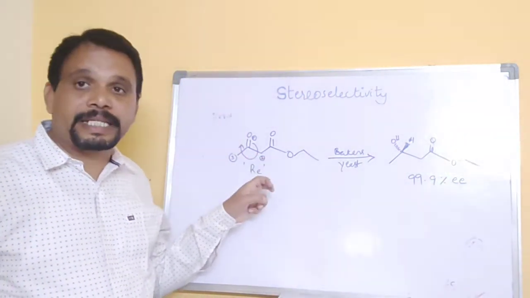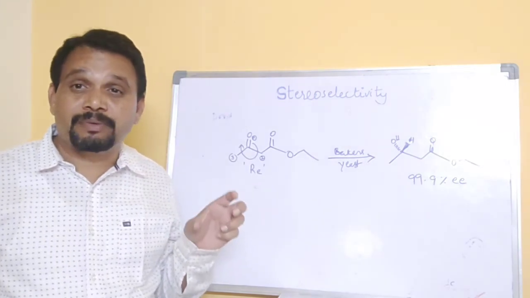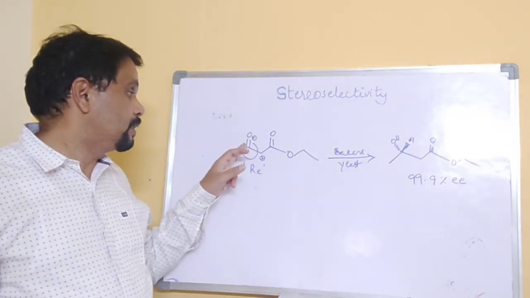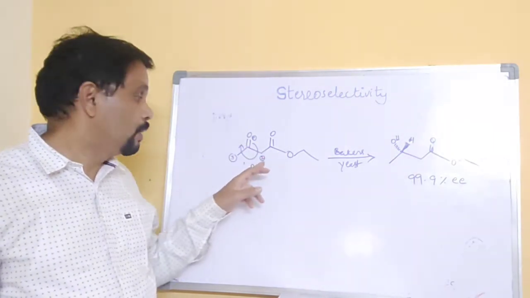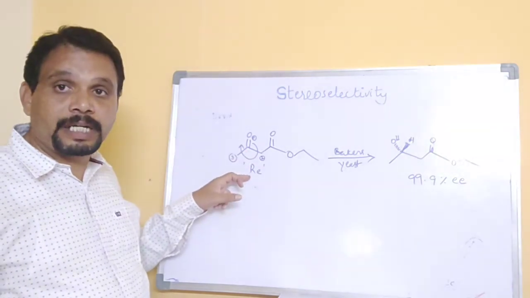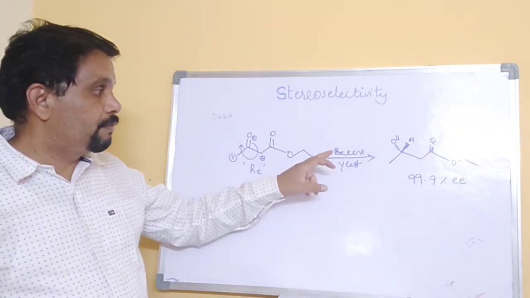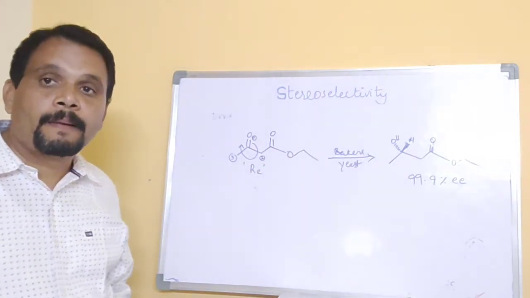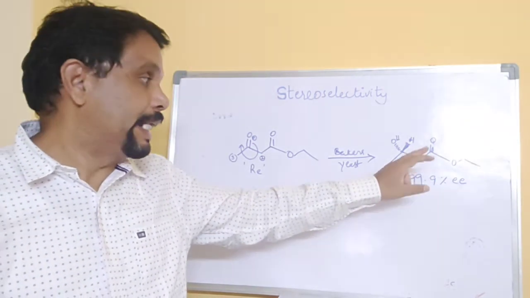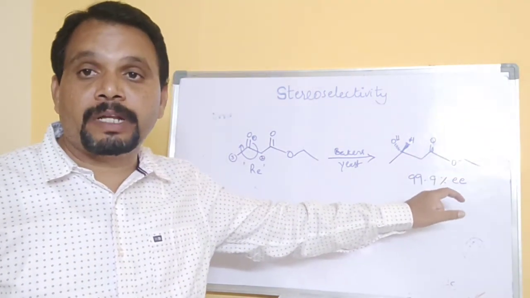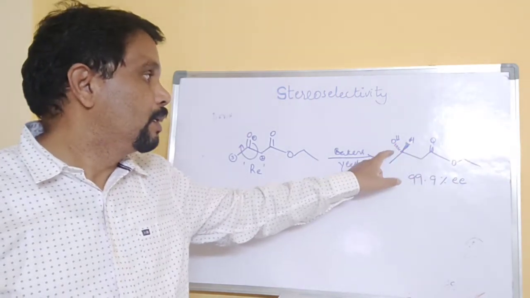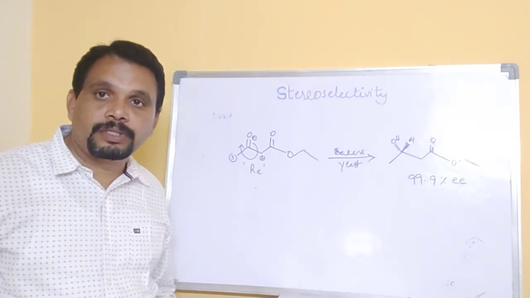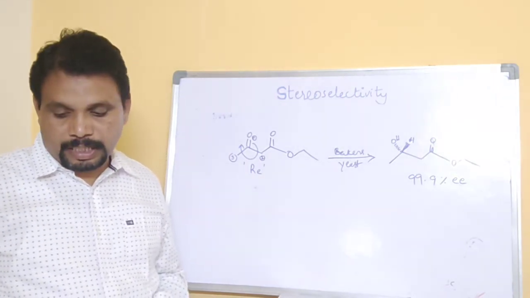So this is the best example for a product enantioselective reaction. This is the starting material or substrate, with a keto functional group and an ester functional group. This is the Re face, front attack. If you react this with Baker's yeast, you will get this product predominantly or exclusively, 99.9% enantiomeric excess. So this is a product enantioselective reaction.